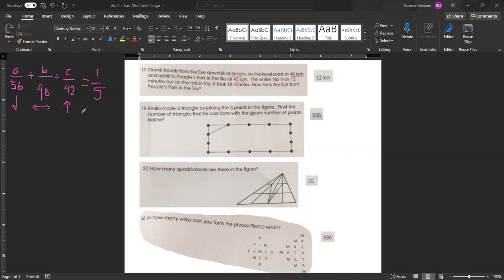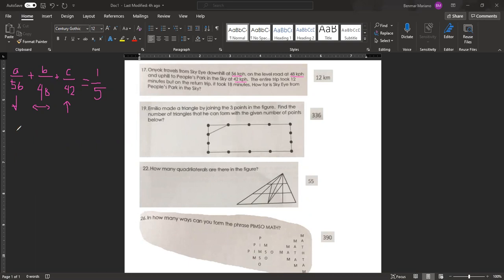How about going back from point C to point A? Same. Now, what is this? C over 56, and then plus B over 48. Sorry. It's not 56, it's 42.